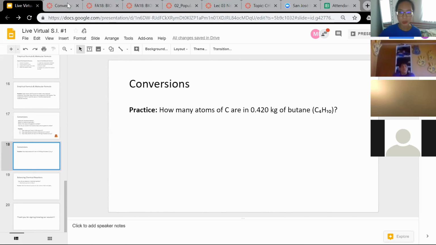In this case, we're going from kilograms, which is what we're given, and we're trying to convert this into carbon atoms. So we're going to start our conversion train with this many kilograms of butane.